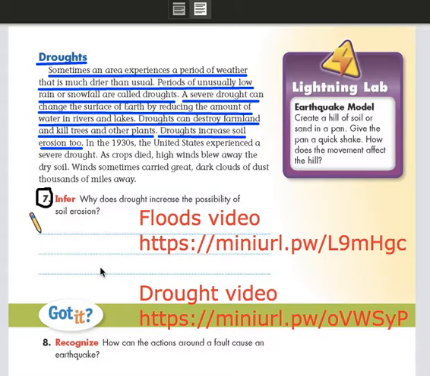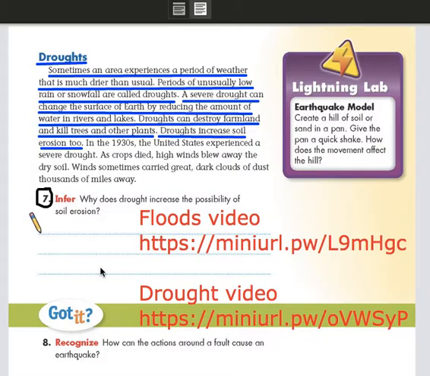And droughts also can increase the soil erosion. Can anyone remind me what we mean by soil erosion? Very good. I'm pretty sure that most of you said this. So it's when the soil moves from one place to the other. Remember when we talked about erosion and we said that it's the movement of sediments or soil from one place to the other?